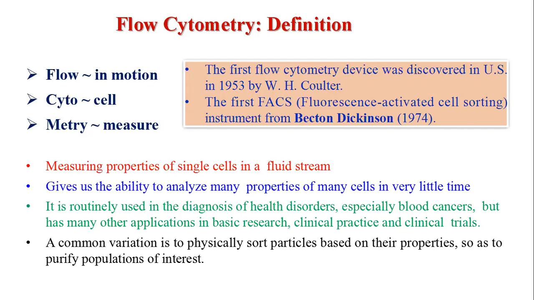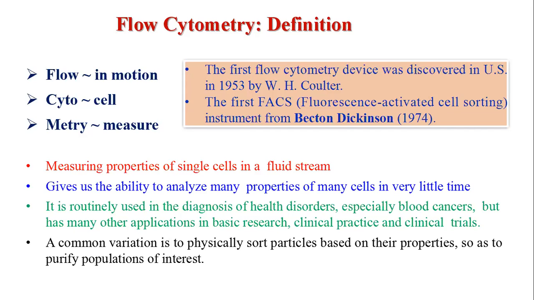So this instrument was proposed for measuring the properties of single cells in a fluidic system. The first flow cytometry device was discovered in the US in 1953 by W.H. Coulter.